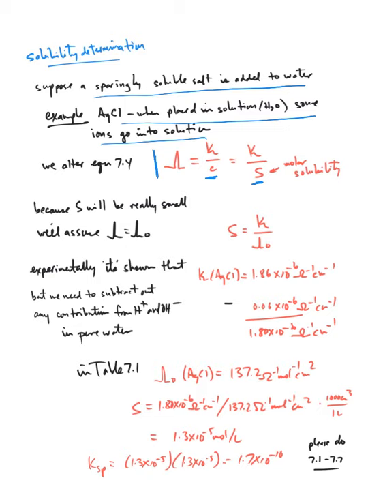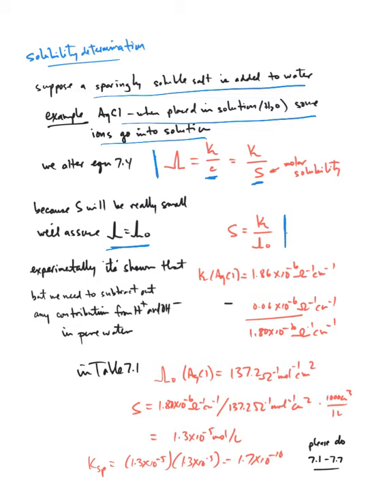Because that capital S is going to be really small, it's a sparingly soluble salt after all, we're going to assume that the measured value of the molar conductivity is going to be the same as the infinitely dilute version, because again, it's a very, very small concentration. And so I get this expression right here.